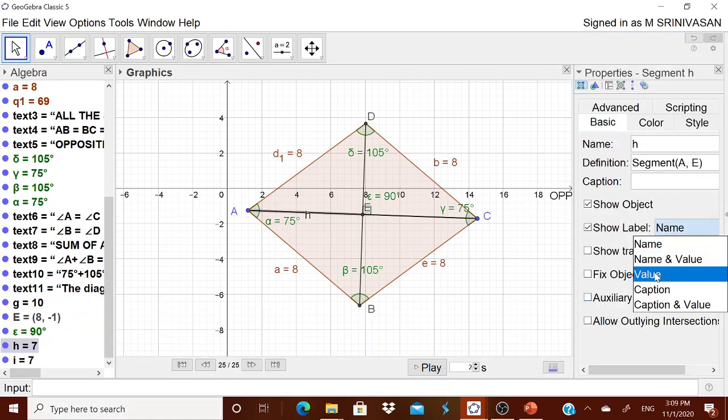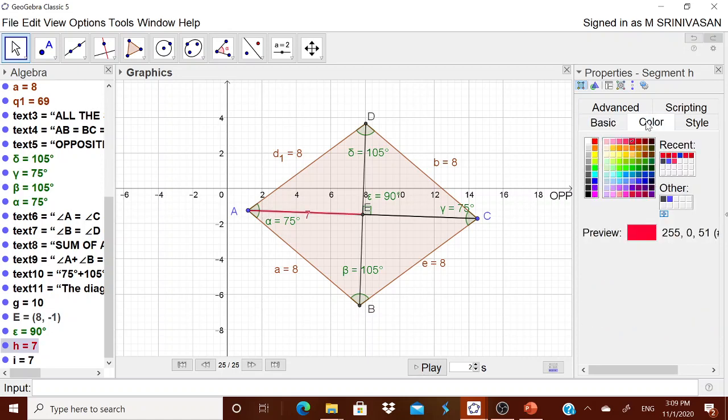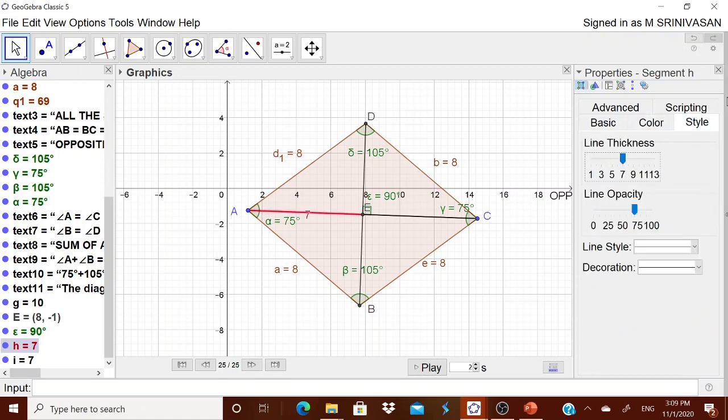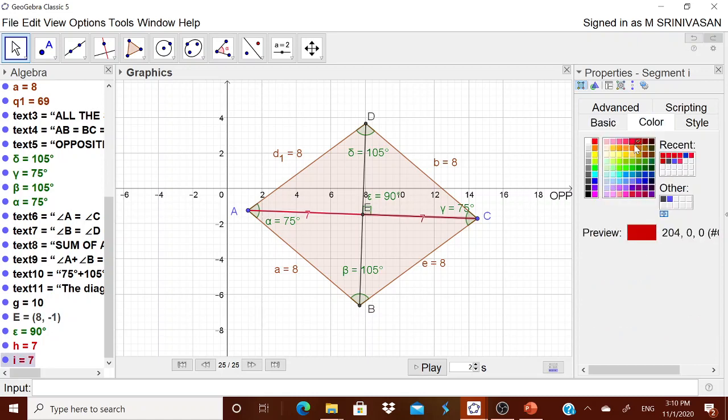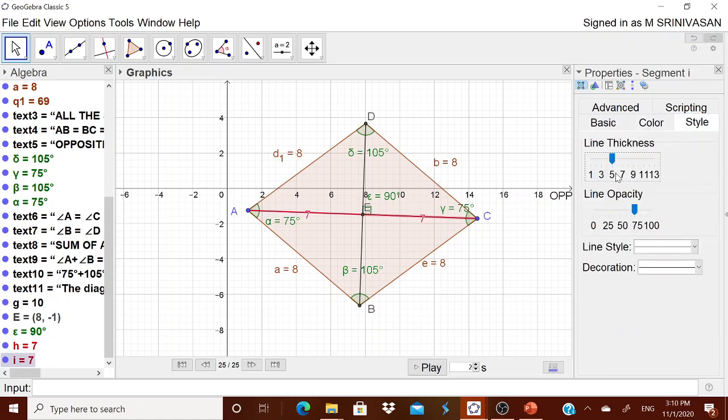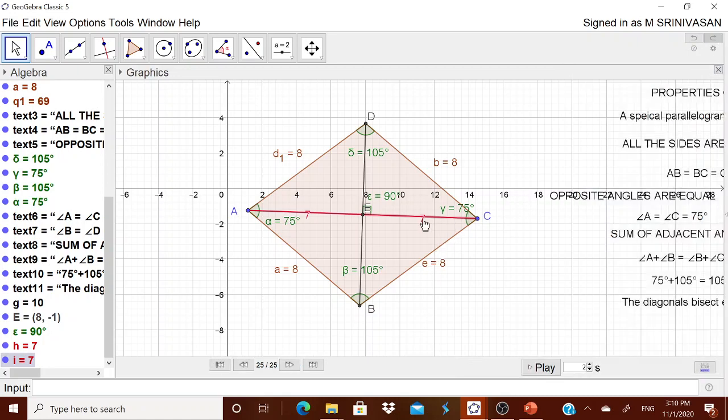In that you show its value, then give it a different color, and you can have a style for it also. Now go for I, again object property, the basic tab, show the label, show the value. It is showing now, and you can take a different color, and in the style also you can make it a little bit thicker. Okay, now you got both of them as 7 and 7.